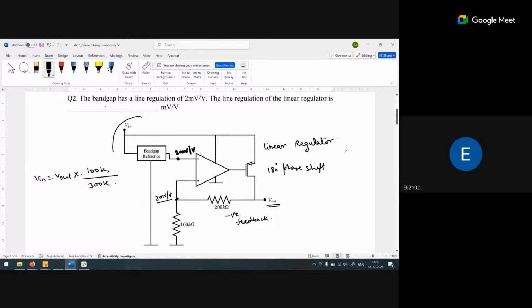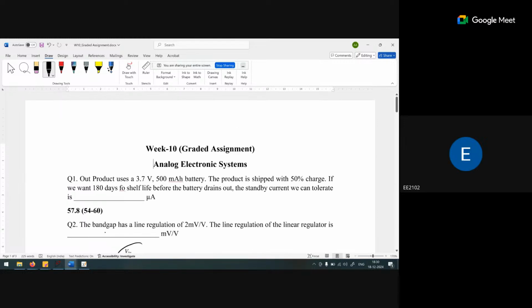So V out we calculate as V in multiplied by 300 upon 100. So it is 6 millivolt per volt.